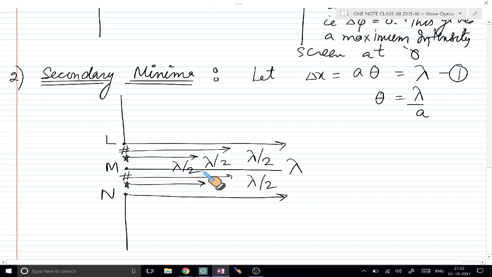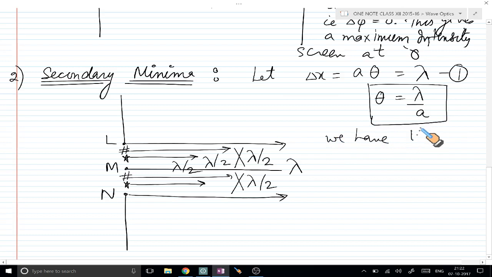That means all wavelets from L to M have a counter wavelet from M to N which cancel each other. So all these wavelets are cancelled by all these wavelets, and at theta equal to lambda by a we have the first minima. Theta 1 dash is lambda by a.